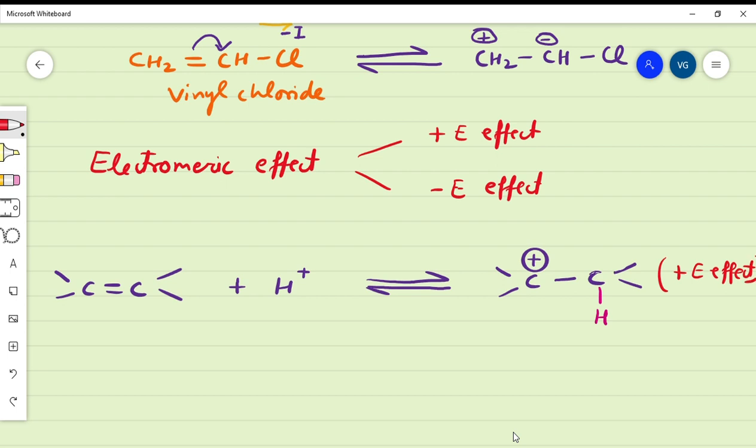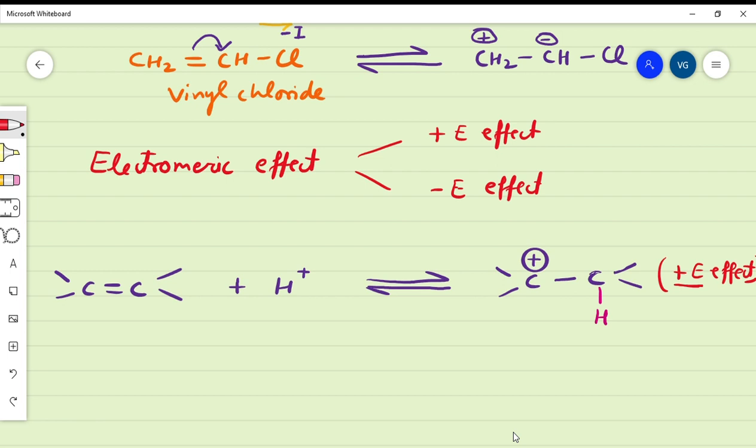It means the pi electrons of the bond are transferred to the carbon atom to which the reagent gets attached. So I am telling you the trick now. Here we are getting a product with the positive charge, so remember it is plus E effect.